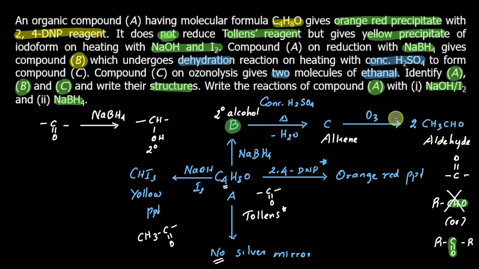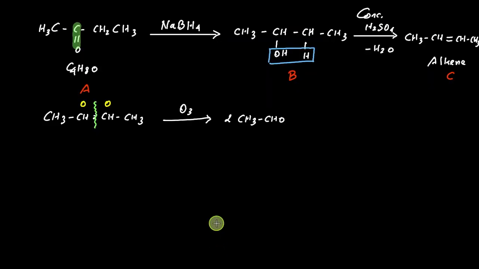The next step, they have asked to find the reaction of compound A with NaOH and I2. So let me write the structure of A. Here CH3, C double bond O, CH2, CH3. It is going to be treated with NaOH and I2.